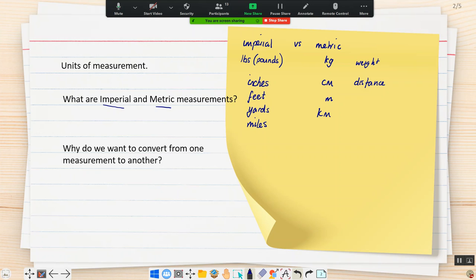Can you remember where the imperial ones came from and why they're a bit harder to use? Did you say kings, queens? Where do you think the measurement for feet came from?